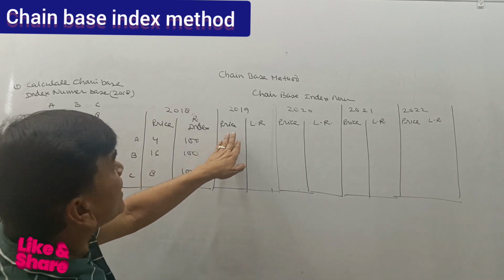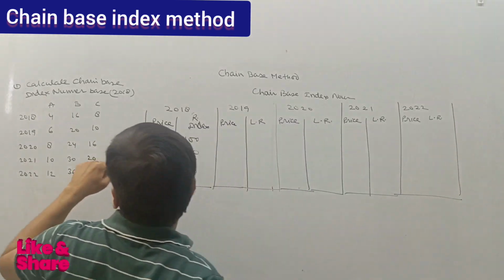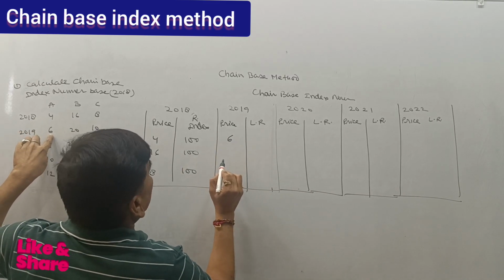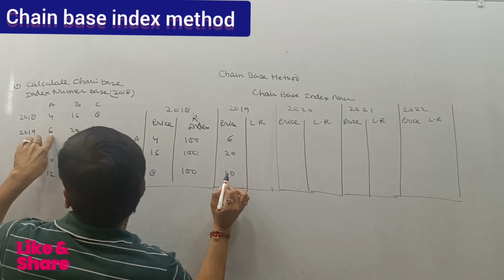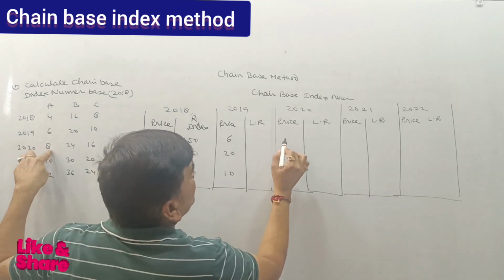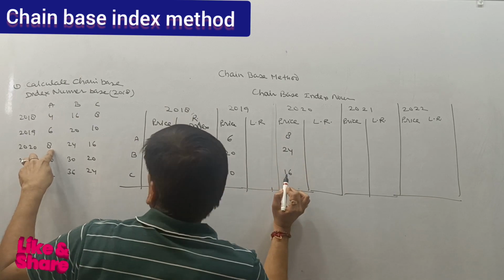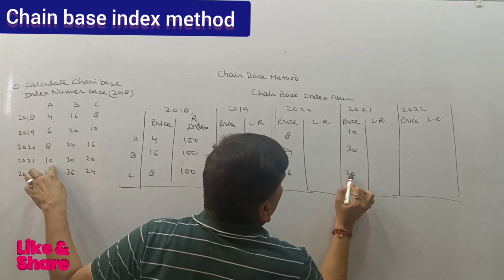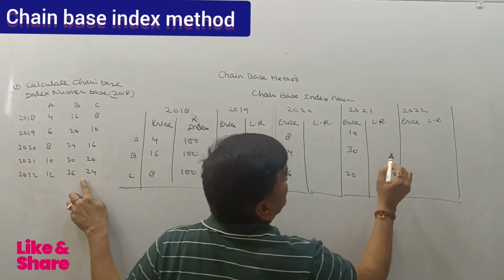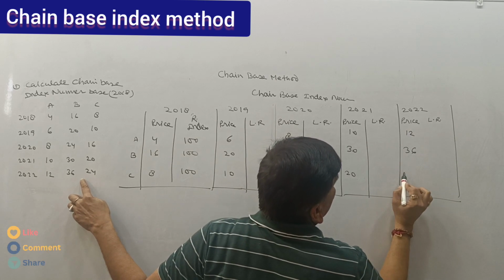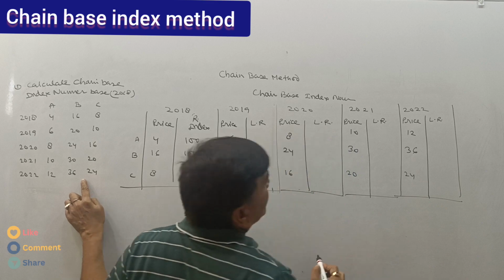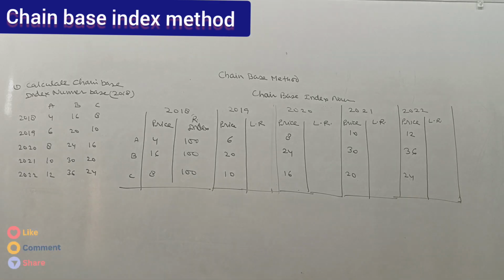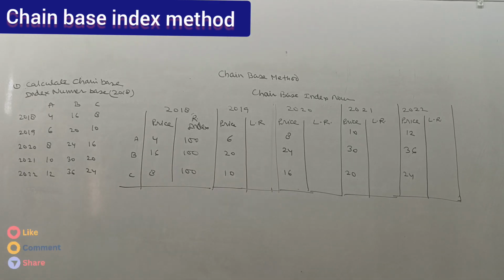First I am entering the price of each. In 2019, the prices are A 6, B 20 and C 10. Then 8, 24 and 16. Then 10, 30 and 20. Then 12, 36 and 24. So first I have entered the prices of all items as given in our question.